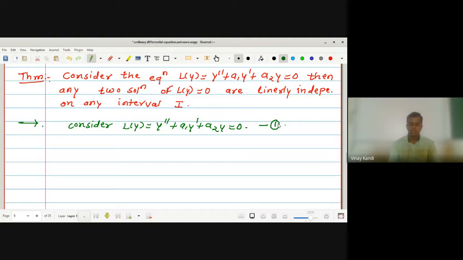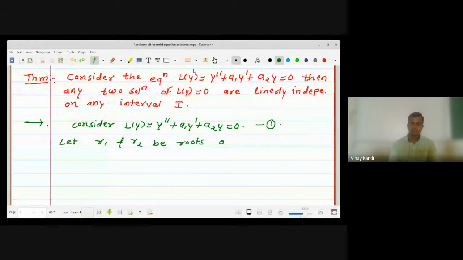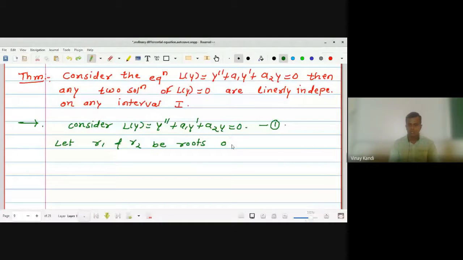Let r1 and r2 be the roots of the characteristic equation.